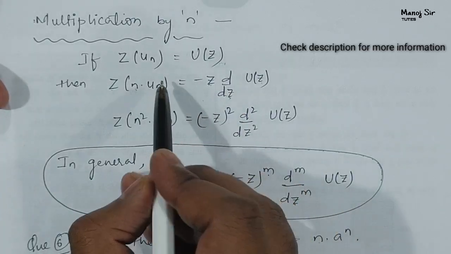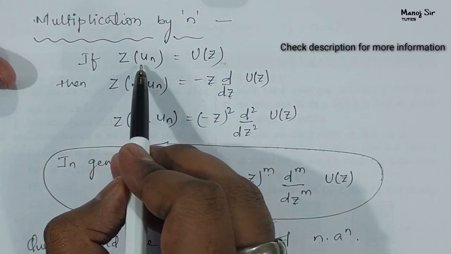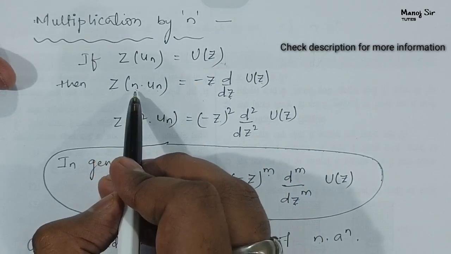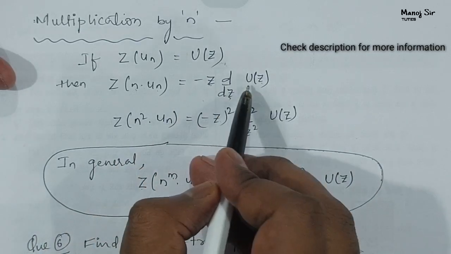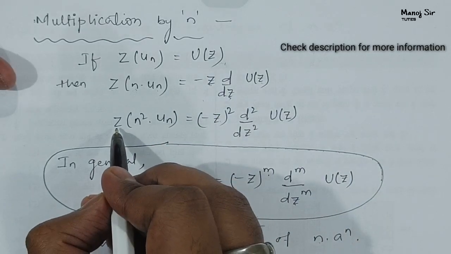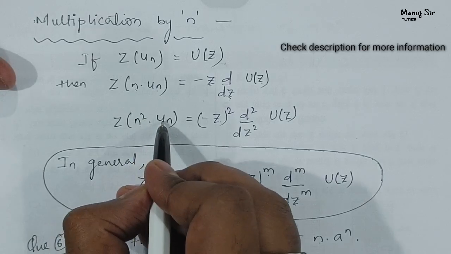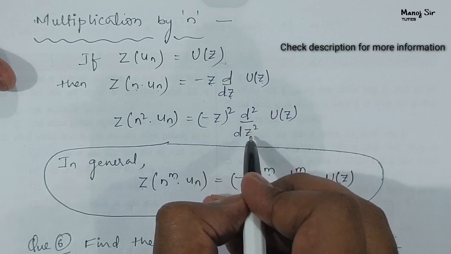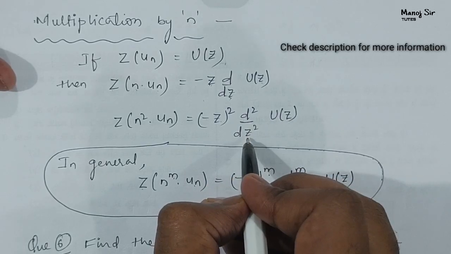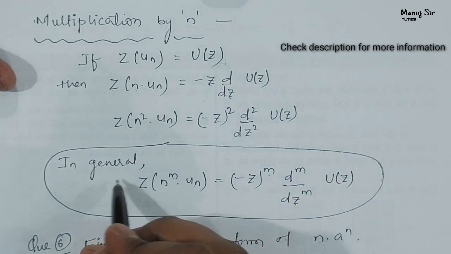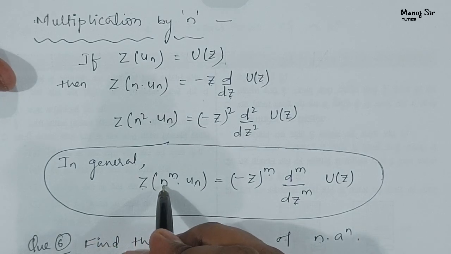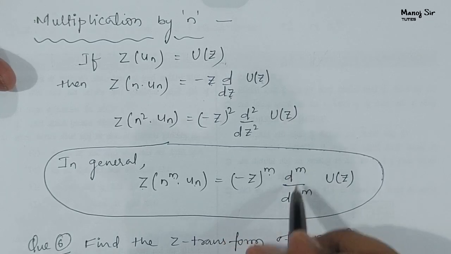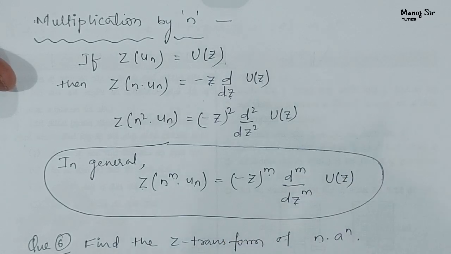To repeat: if Z transform of u(n) is U(z), then Z transform of n into u(n) will be minus z d/dz of U(z), and Z transform of n square into u(n) will be (minus z) whole square into the double differentiation of U(z) with respect to z. In general, Z transform of n^m into u(n) is (minus z)^m times the m-th differentiation of U(z) with respect to z.